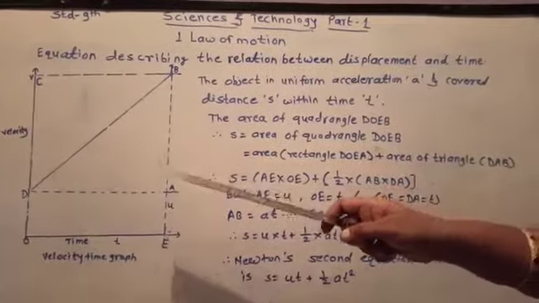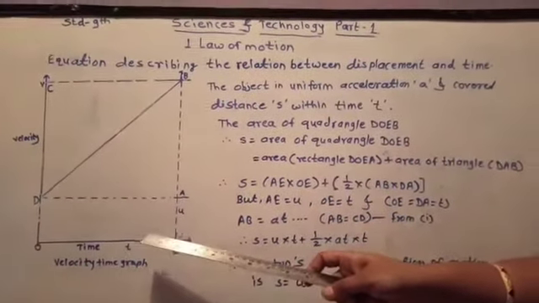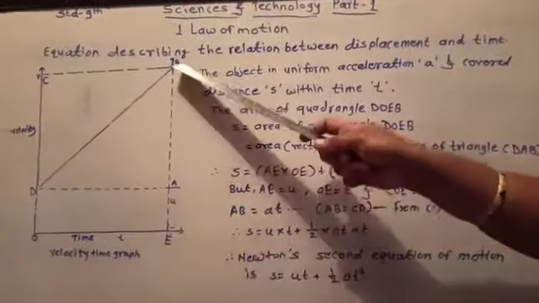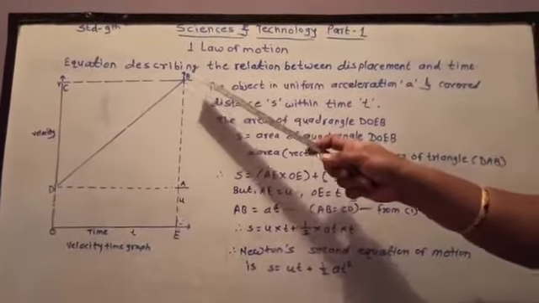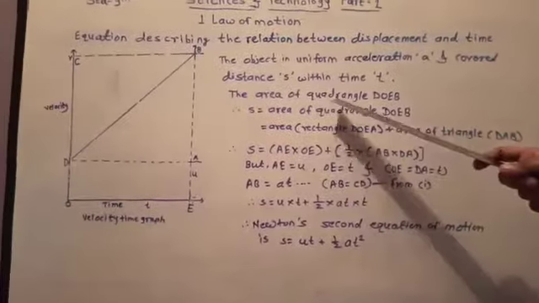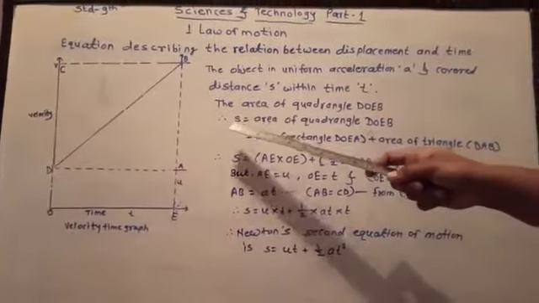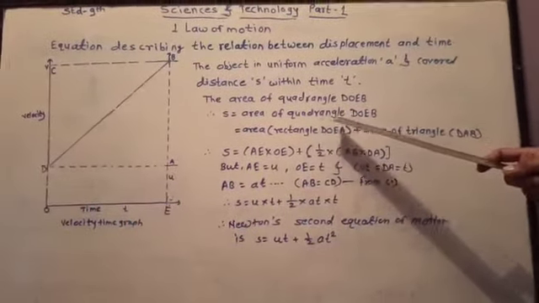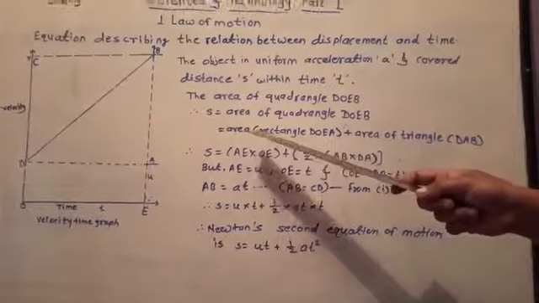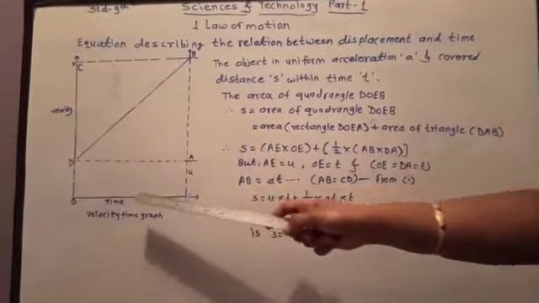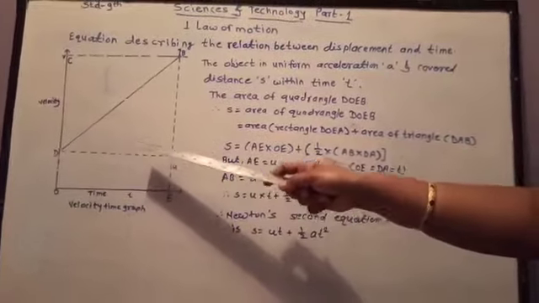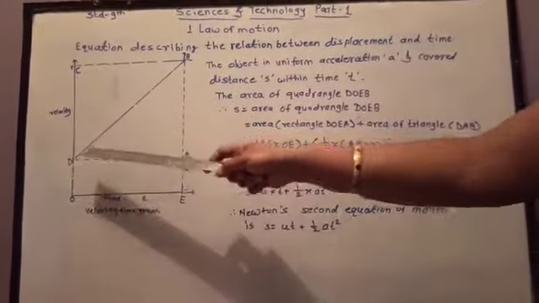From the graph, the distance covered by the object during time t is given by the area of the quadrilateral DOEB. Therefore, s equals the area of quadrilateral DOEB. DOEA is a rectangle, and the area of triangle DAB.